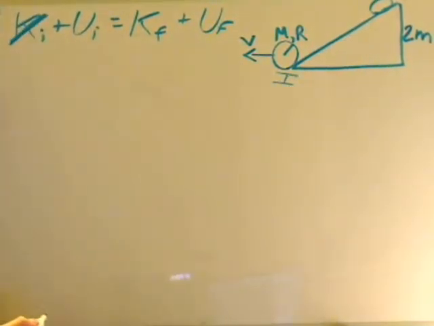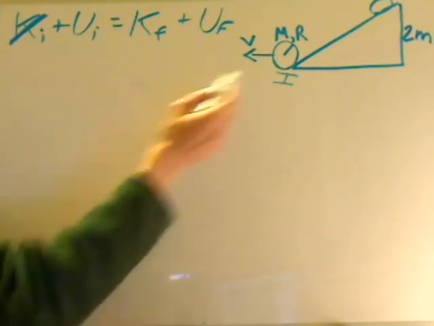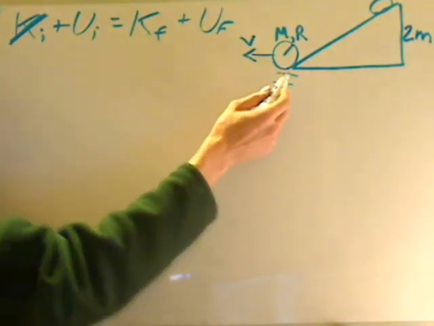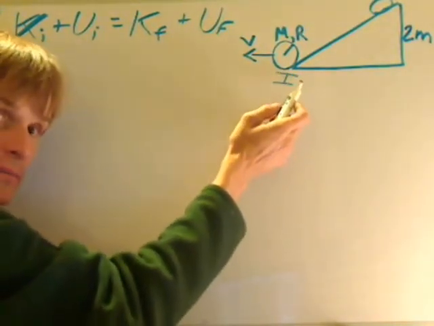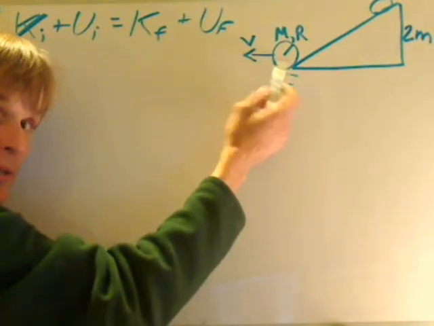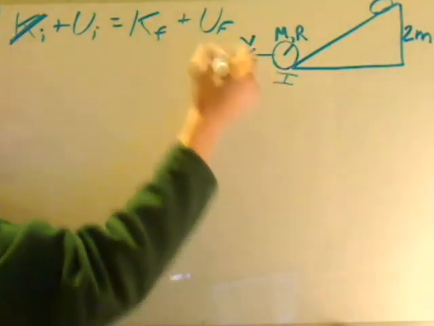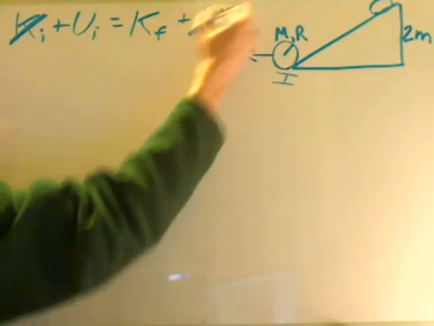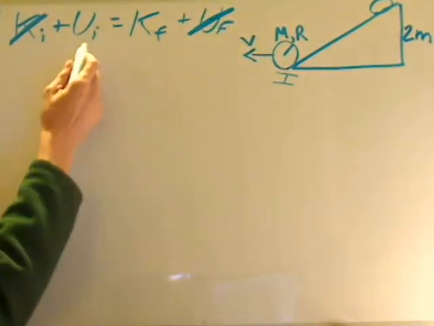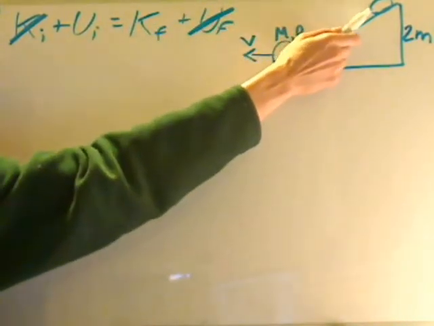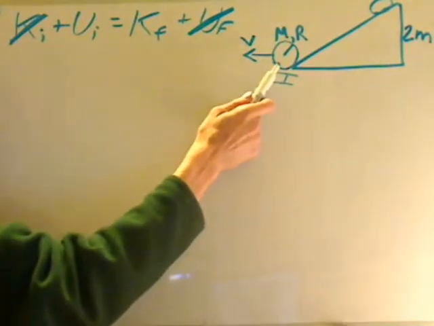When we get to the bottom of the incline, we're at a height of 0, so we have zero potential energy in our final situation, and we can cross that out. So we're left with potential energy at the top equals kinetic energy at the bottom.